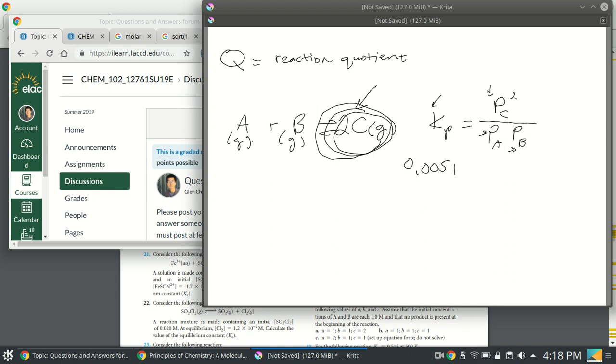More C or more A and B? That's right. It will shift to make more A and B. But that's just conceptual, qualitative. You added more C, so Le Chatelier's principle says the equilibrium is going to shift to the left. We're going to make more A and B.